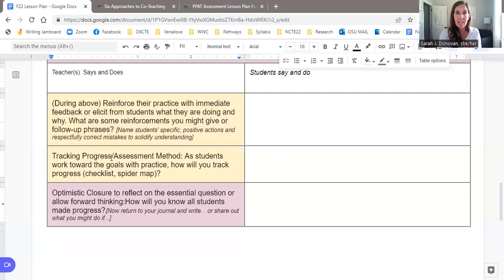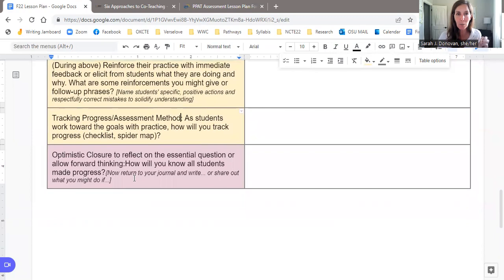So this is, again, if you have a strategy for tracking everyone, for monitoring their progress, this is a method that's really important. This is part of the assessment during the activity, right? And then the last is going back to, it's pink again or purple again.